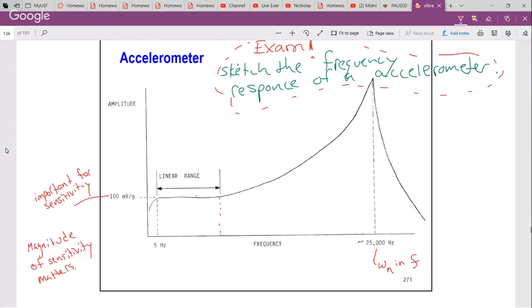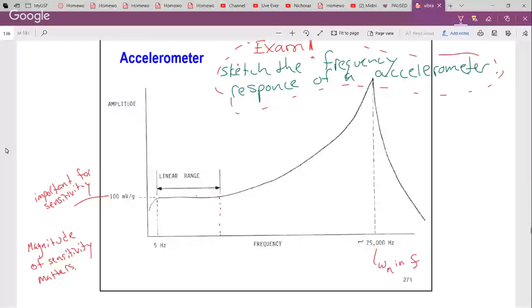And then going the other way, you have some shock accelerometers designed for picking up acceleration in the environment for shock. So in that case, the sensitivity is a lot lower.